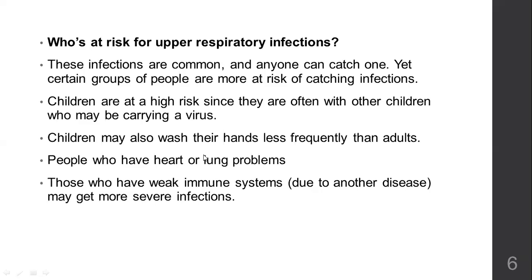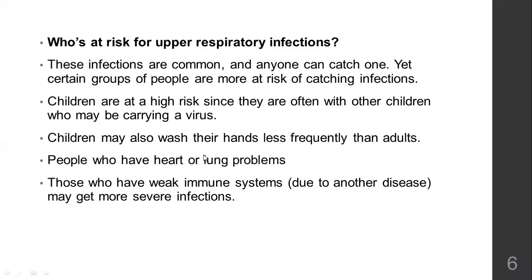People who have heart or lung problems, smokers, or people with a history of asthma, bronchitis, or heart problems like ventricular septal defect, VSD, and atrial septal defect, ASD, can all lead to lung infections, respiratory infections.